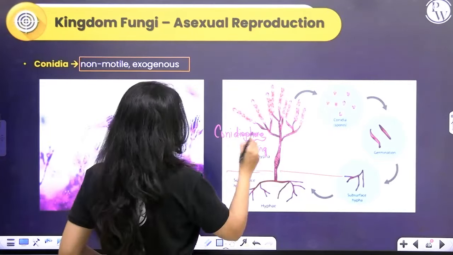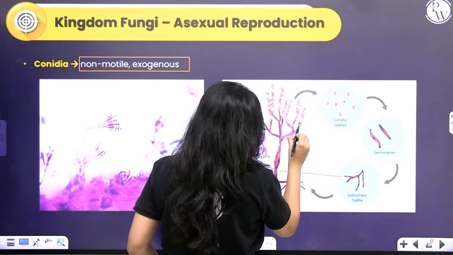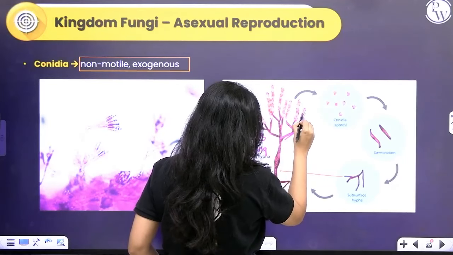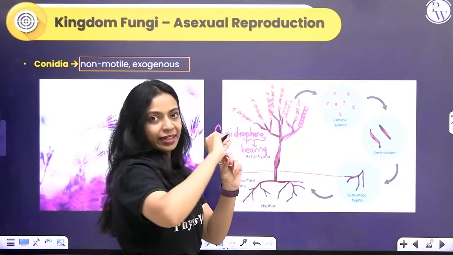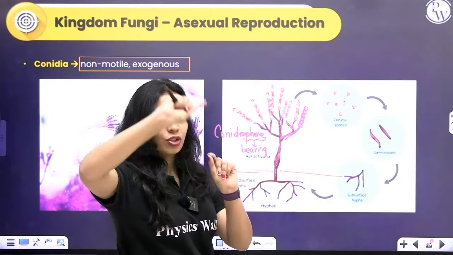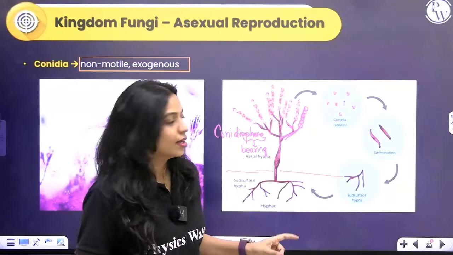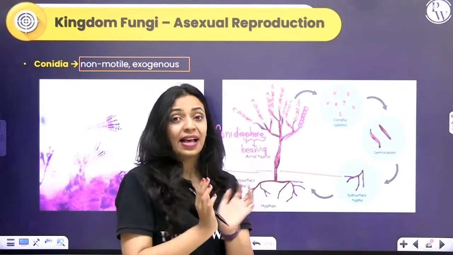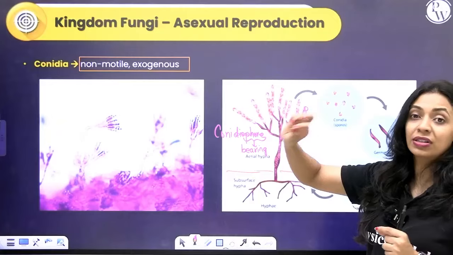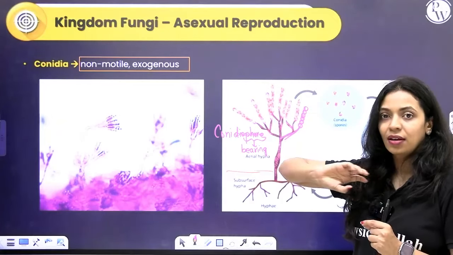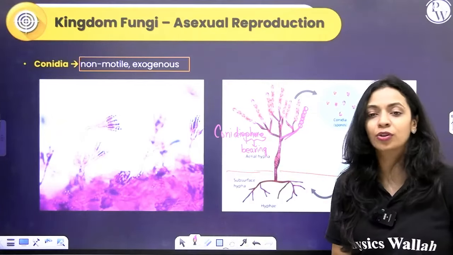So at the tip of this conidiophore, these conidia are present. And each of these rounded conidia or conidiospores will get pinched off and get released as spores. Since these are not formed inside specialized structures, they are being released from the tip of the conidiophore. They are called exogenous. Okay, when these spores germinate, you get a new hypha.